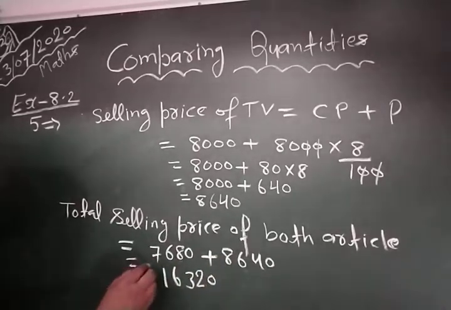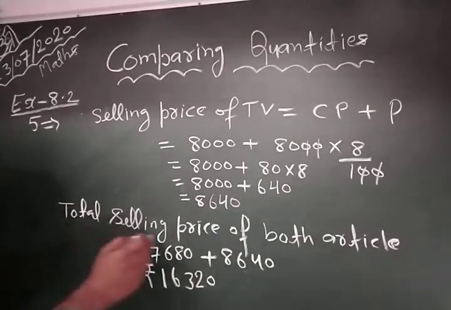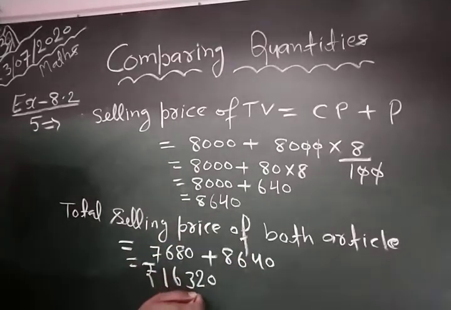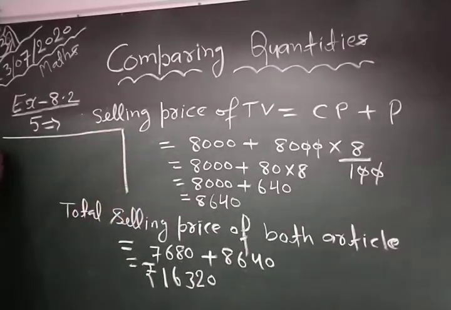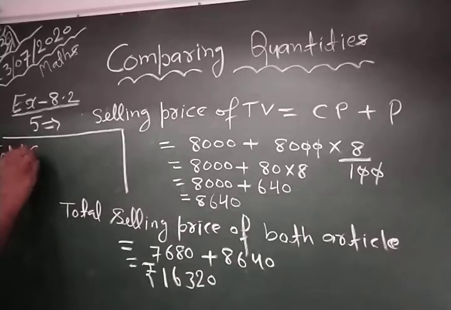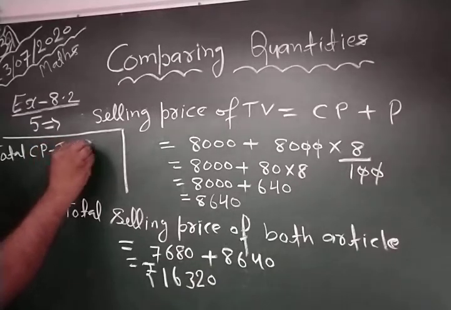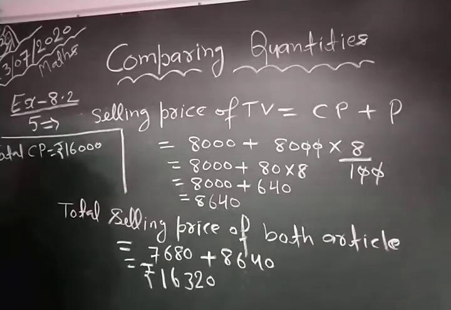This is the total selling price of the whole transaction. You can see the total selling price of both articles is 16,320. But here we have the total CP. The total cost price is only 16,000 rupees, because the cost price of the TV is 8,000 and the cost price of the VCR is also 8,000.